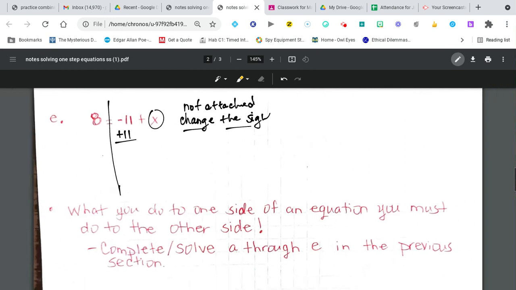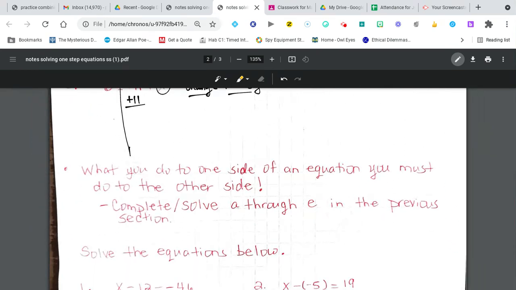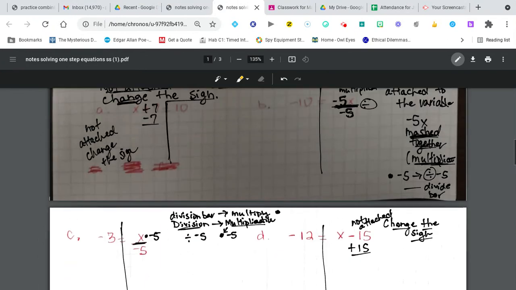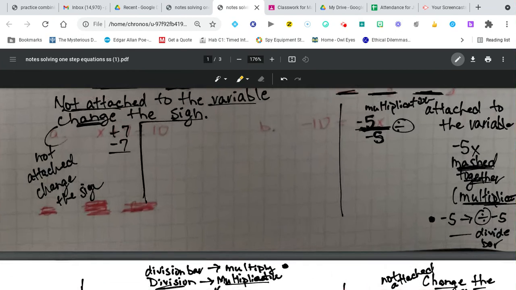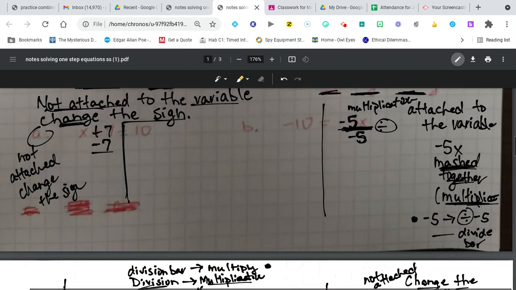Remember that. All right, the third important thing is what you do to one side of the equation, you must also do to the other side. So notice up here on A, I subtracted 7 from both sides, but I didn't cross the line and do it to the other side. Or on B, I divided by -5, but I didn't do it over here.